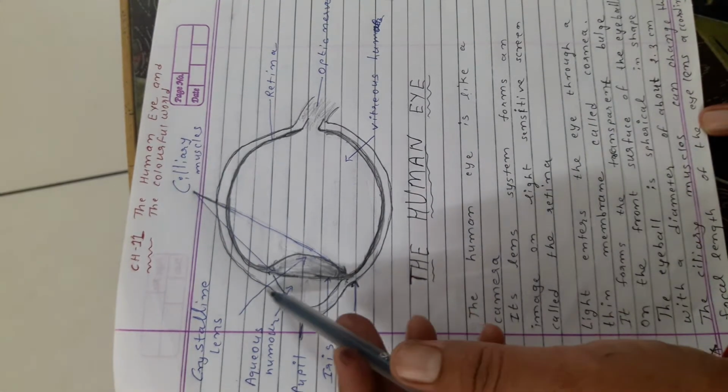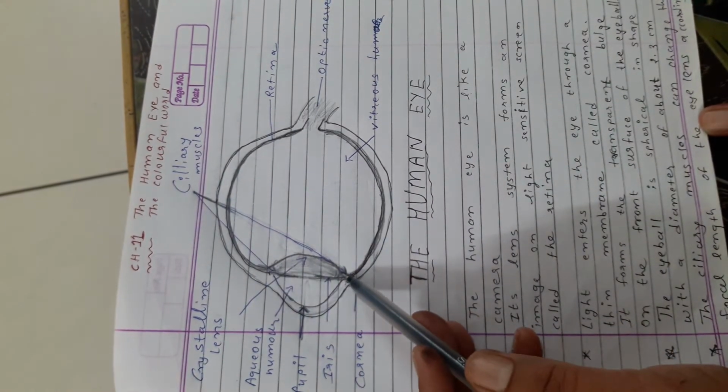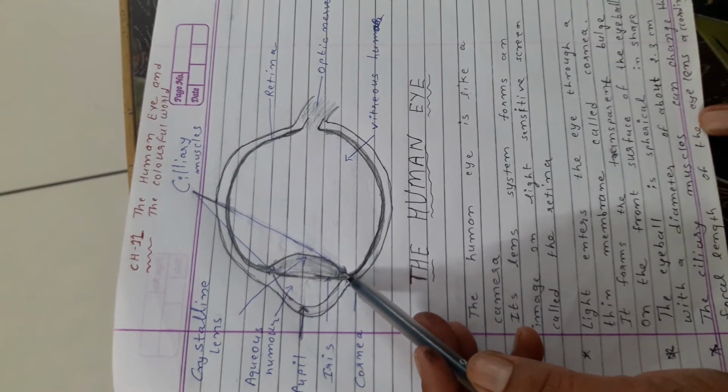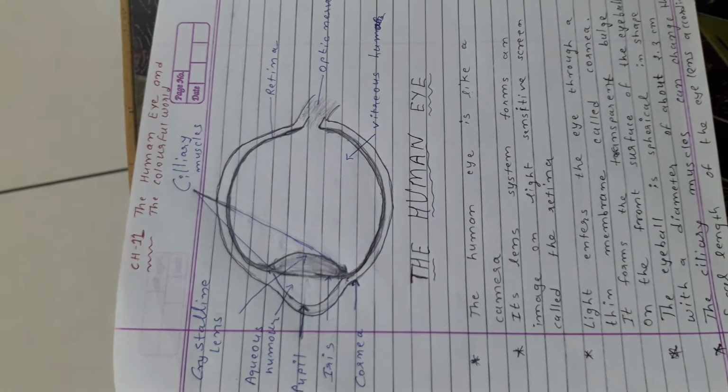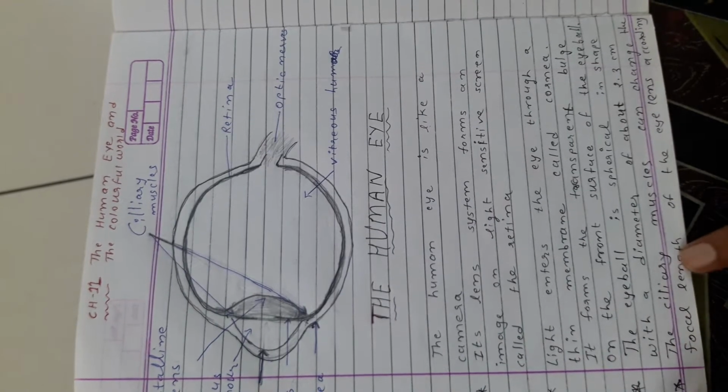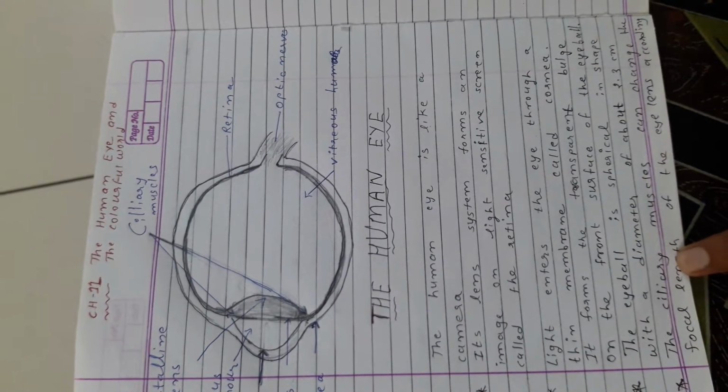Now this muscle, the ciliary muscles, their role is very important in a human eye. So what is the function of the ciliary muscles?